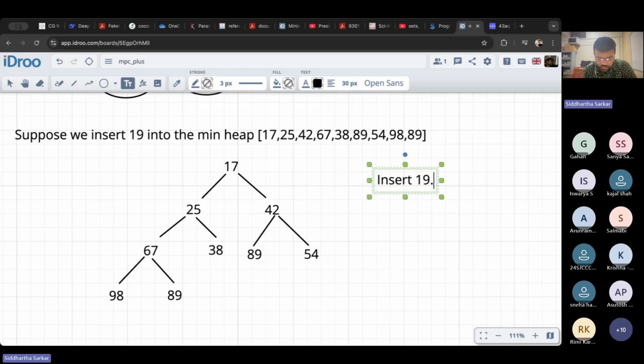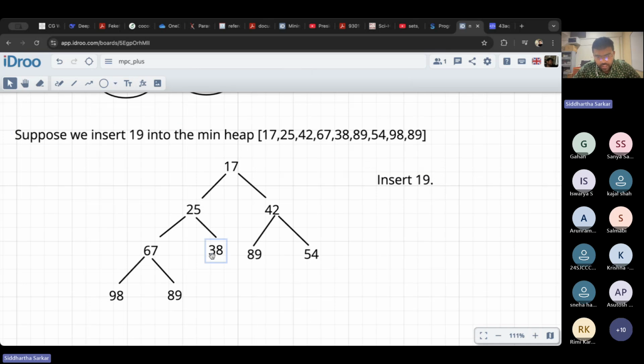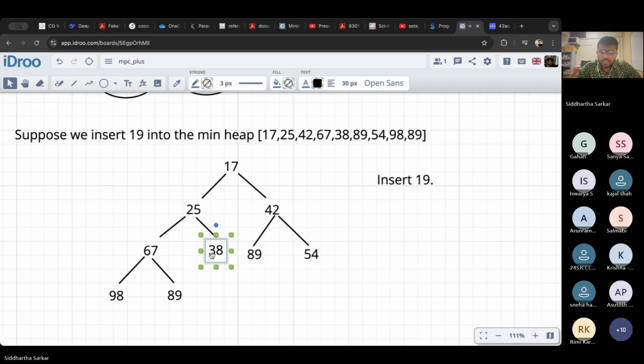Yes, Mukesh Sharma is right. So we have to keep an almost complete tree. This fourth level is not complete, so whenever the next element comes, it will come as the left child of 38, because it doesn't have any child in the previous level. And it is next to 67.